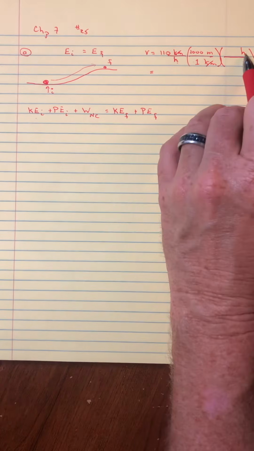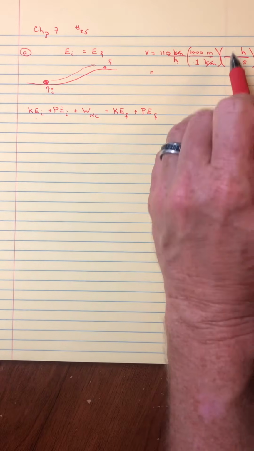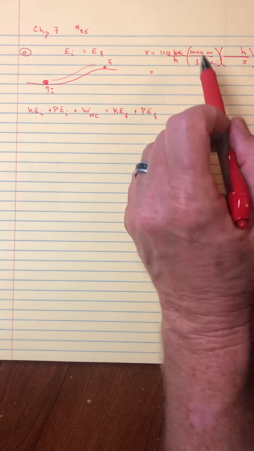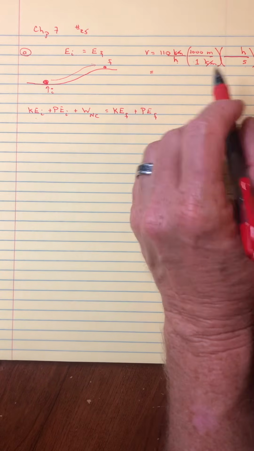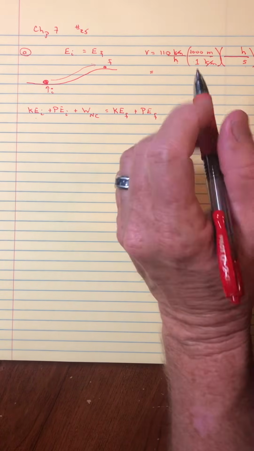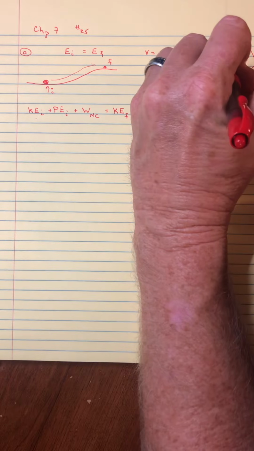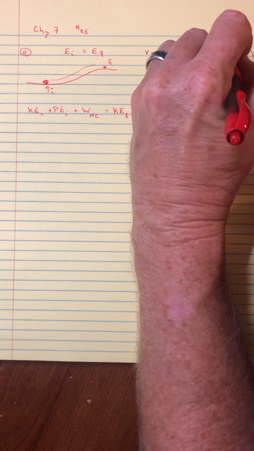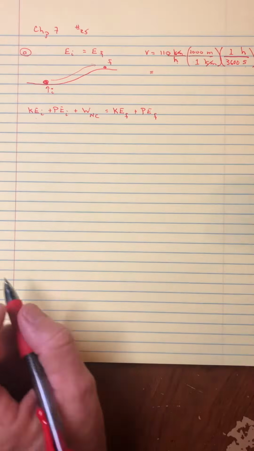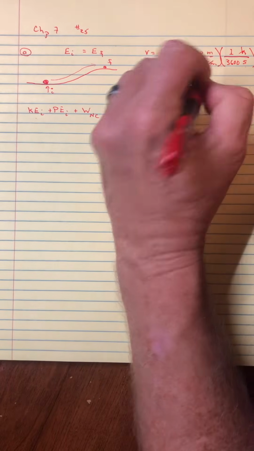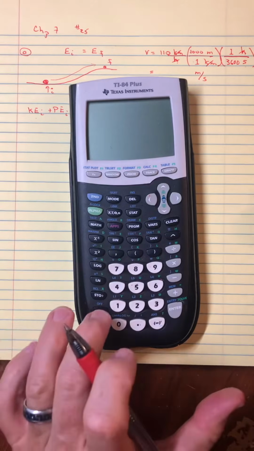So I'll put hours on the top and seconds on the bottom. Again, for this to be done correctly, you can only multiply by a 1, so we need our numbers to match. And we know that there are 3,600 seconds in 1 hour. Now hours are going to cancel, and we're going to get our speed in meters per second. And that's what we need to work with.